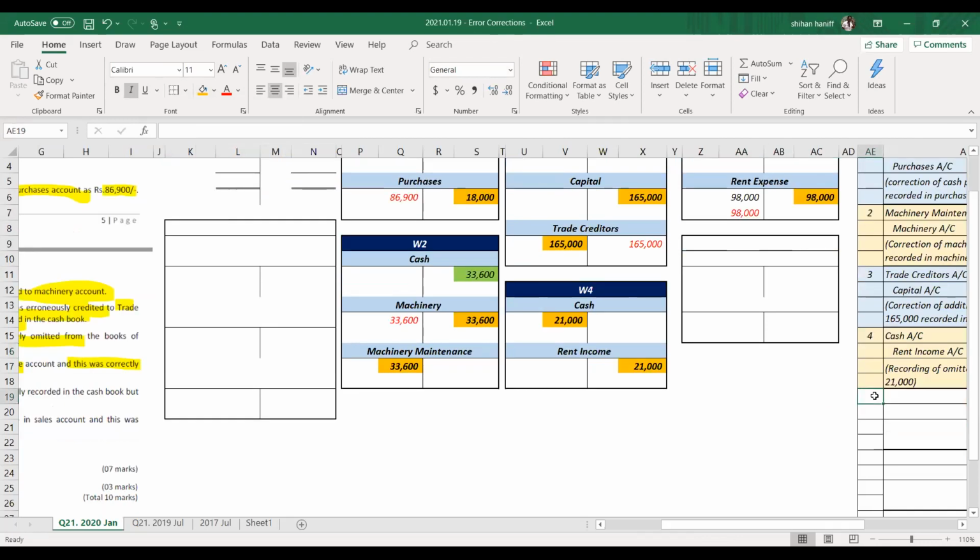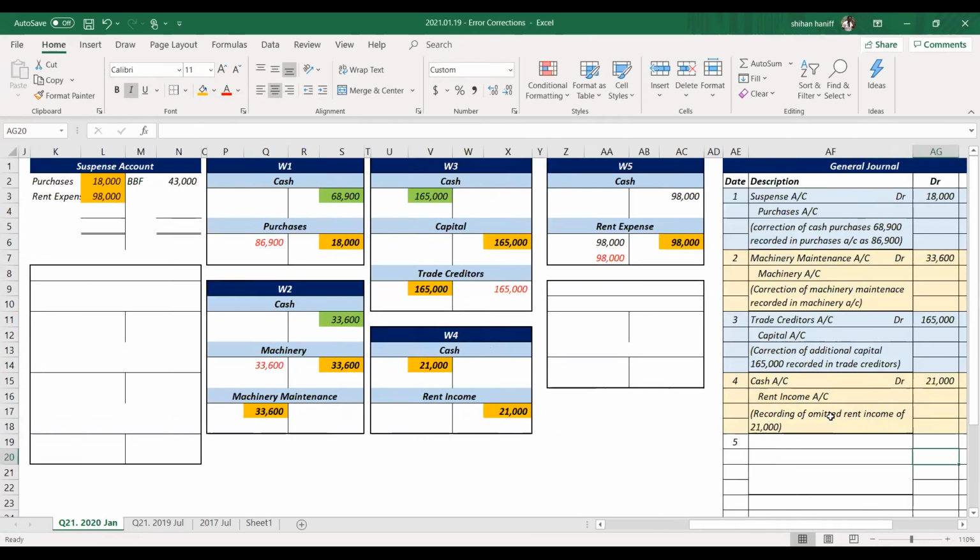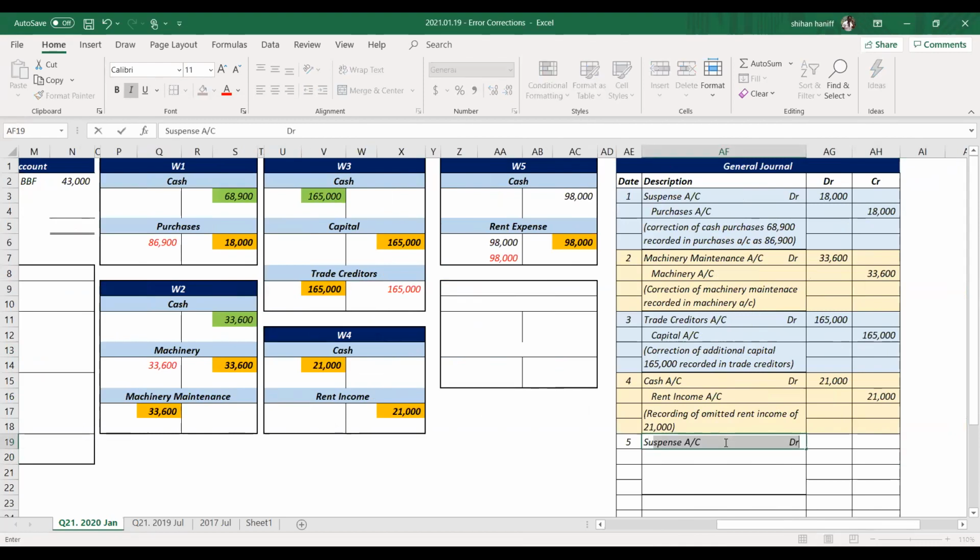Suspense account debit, rent expense account credit.